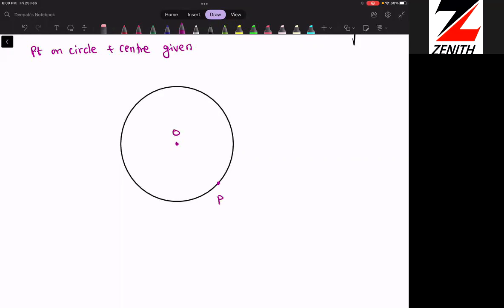How will you draw, beta? Number 1, draw circle. Number 2, join OP. You have to draw the tangent at point P, so you will join OP.